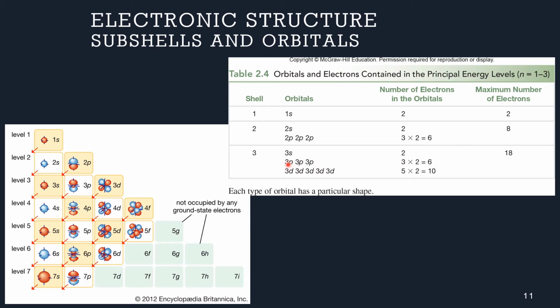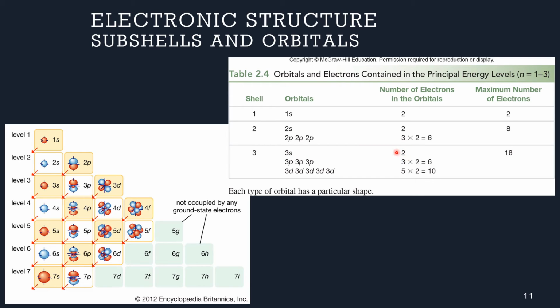So there's 3 orbitals in the p subshell. For d, we have 5 orbitals within the d subshell: 3d, 3d, 3d, 3d, 3d. If you look at the number of electrons possible in each of these, 3s has 2.